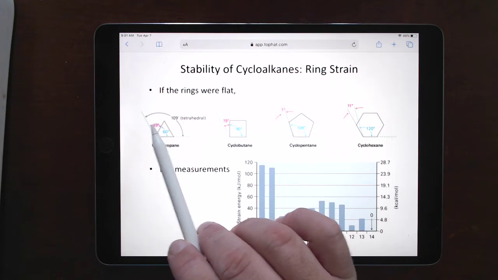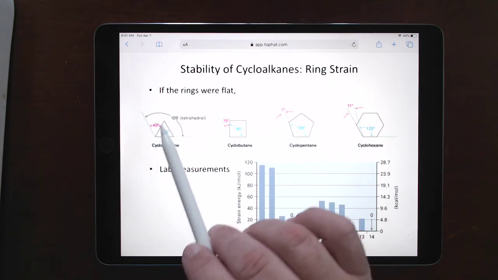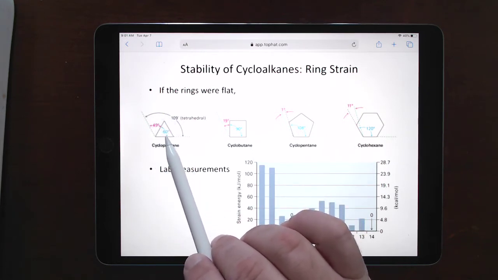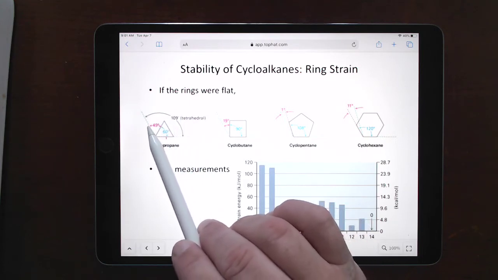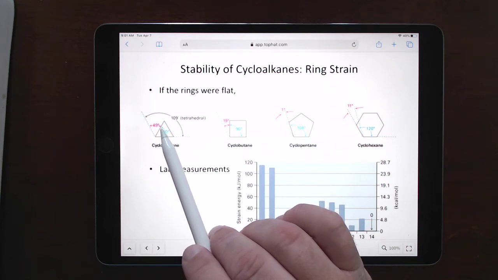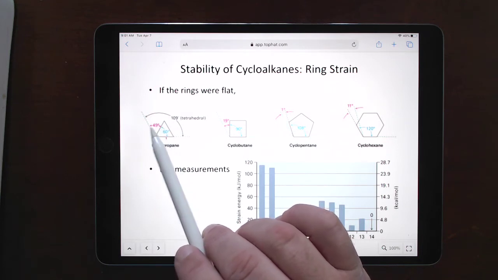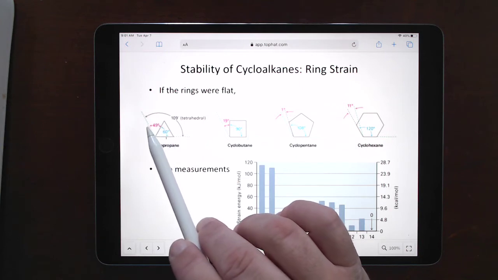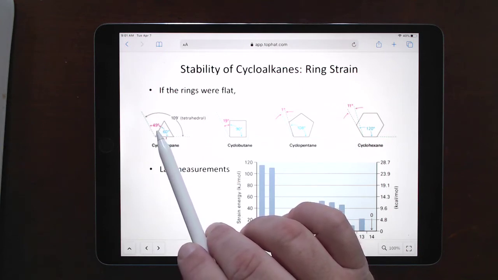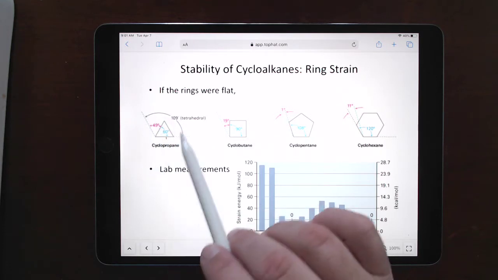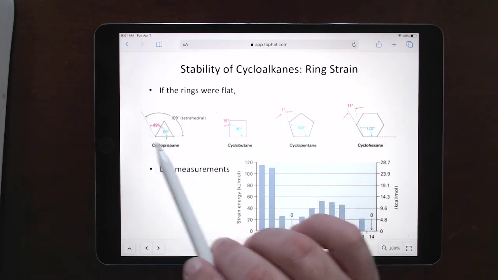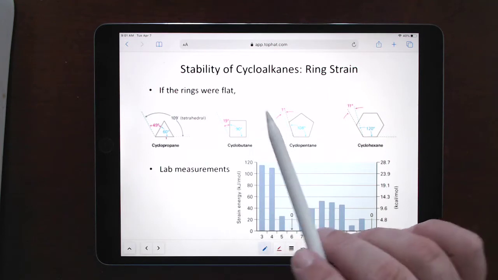So for cyclopropane, if these were flat, this bond angle would need to be 60. It wants to be 109.5, so it's bending out by 49 degrees. That would hurt your shoulder, and it costs a lot of energy to do that. And so there's a lot of ring strain to make a cyclopropane.